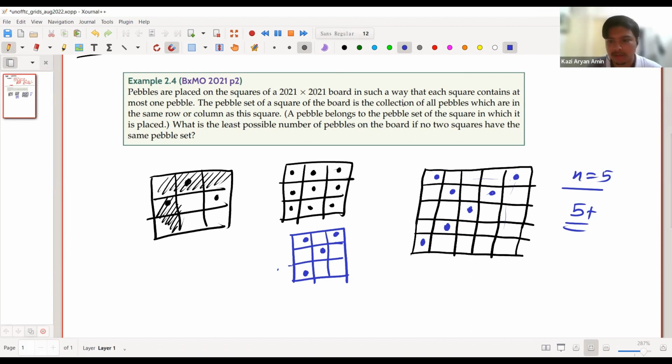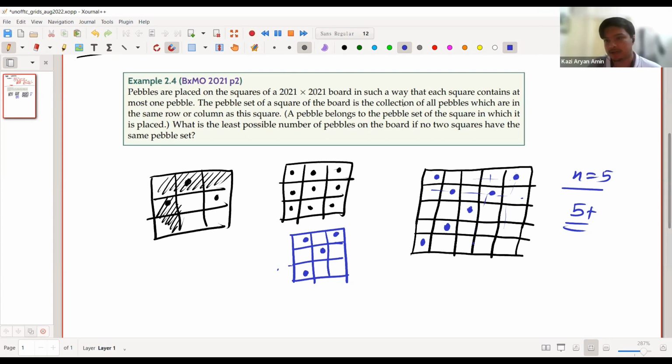I think I confused myself. Let me just take a look at it. If n is greater than 5, then there will be some two pebbles that lie on the same row or column. So they are sharing the same pebble set, which is a contradiction.